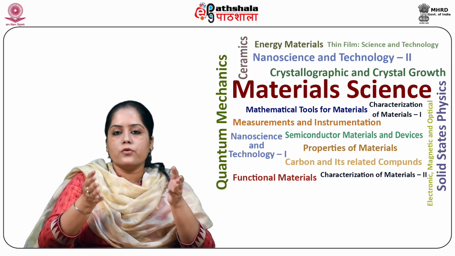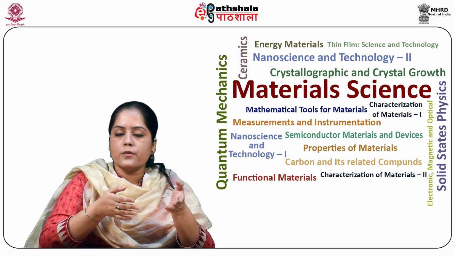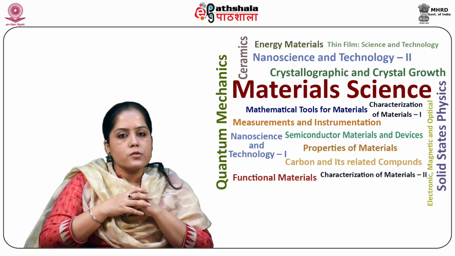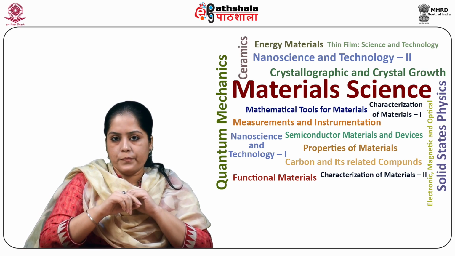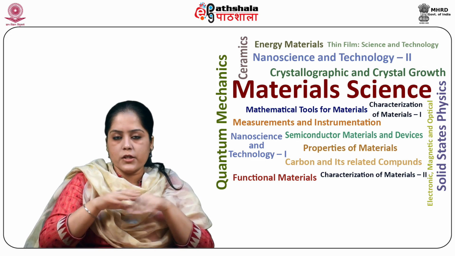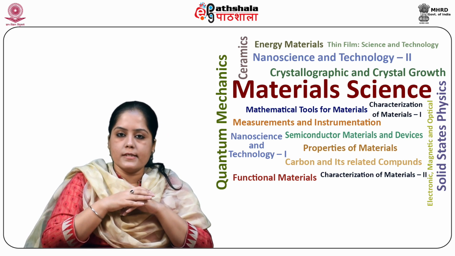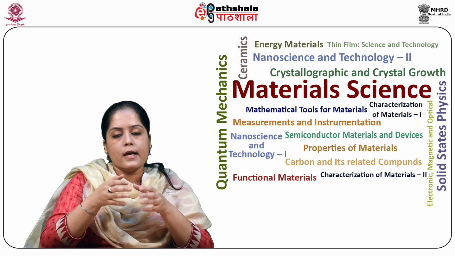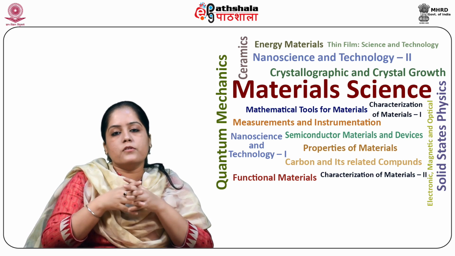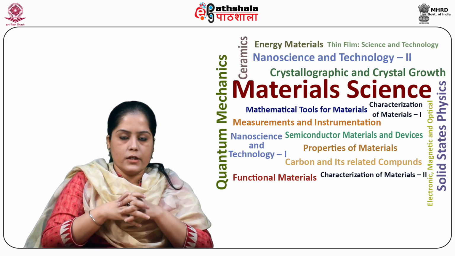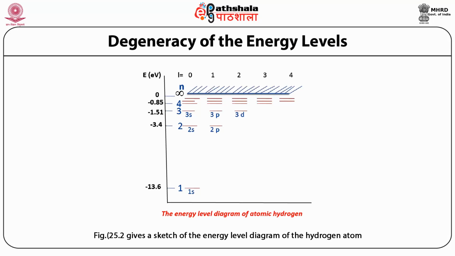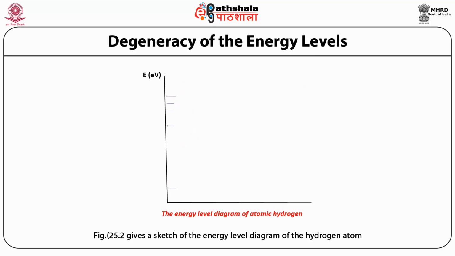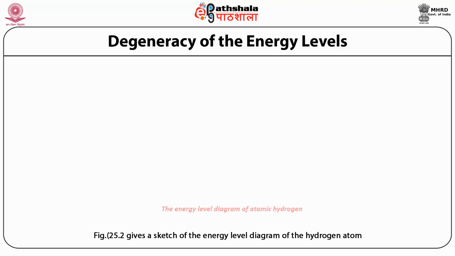Several properties of hydrogen-like atoms, like alkali atoms, can be understood in terms of the motion of a single valence electron in a central Coulombic potential at large distances, but it deviates as r decreases because of the presence of inner electrons. So this figure gives a sketch of the energy level diagram of the hydrogen atom starting from n equal to 1 to n equal to 4.